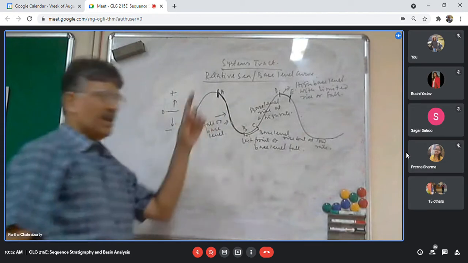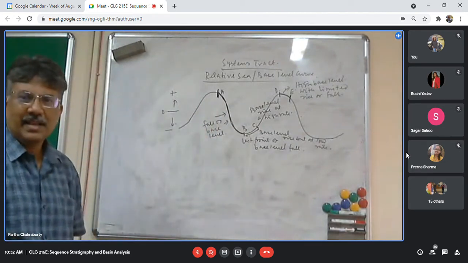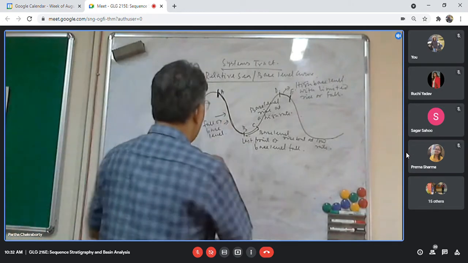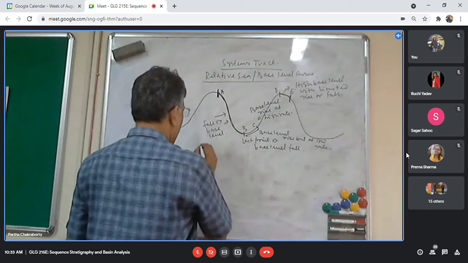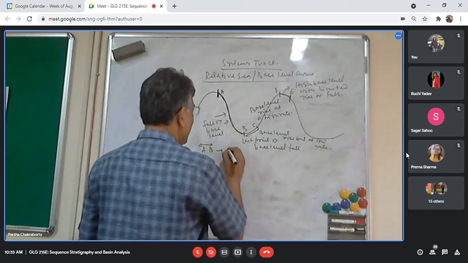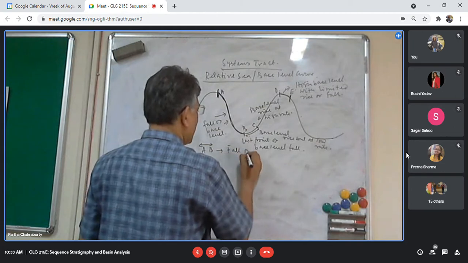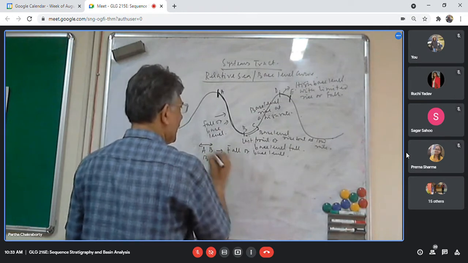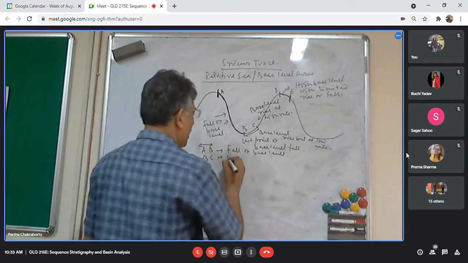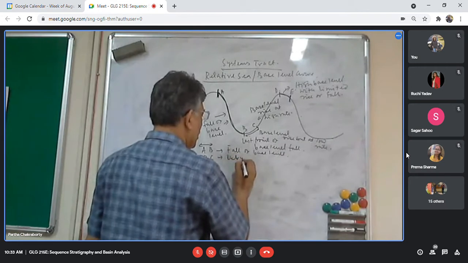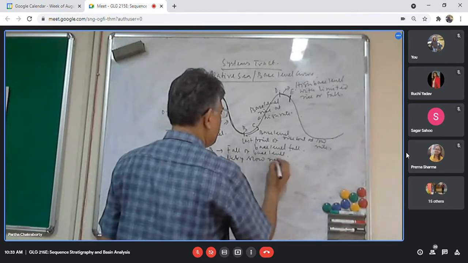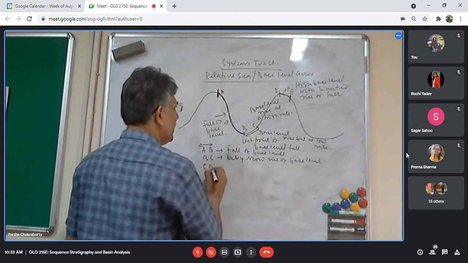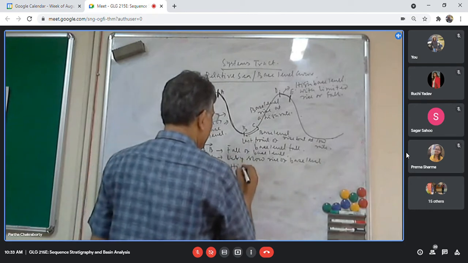So you understand that I am subdividing a relative base level curve into parts. AB is one part where there is a real fall of base level. Then BC, the very slow rise of base level. Then CD, the high rate of base level rise.